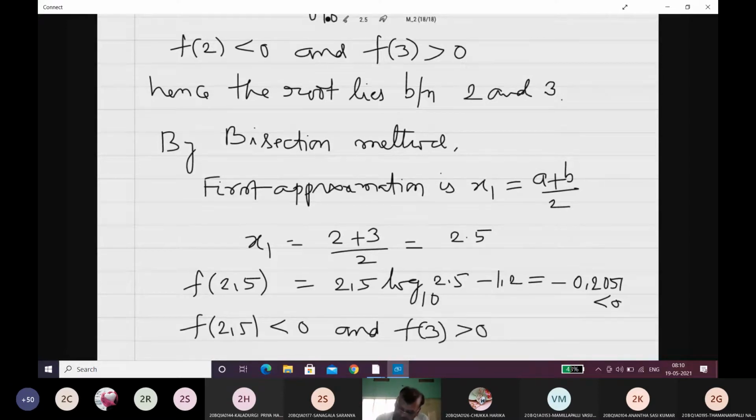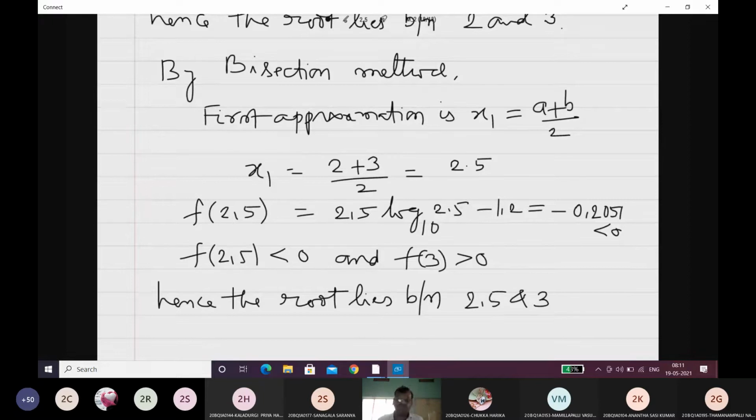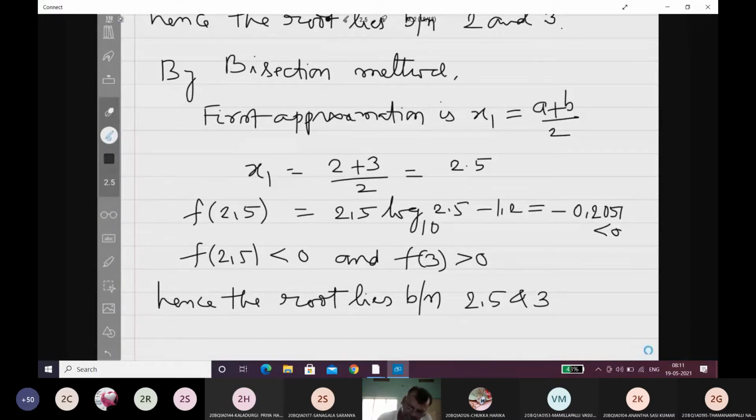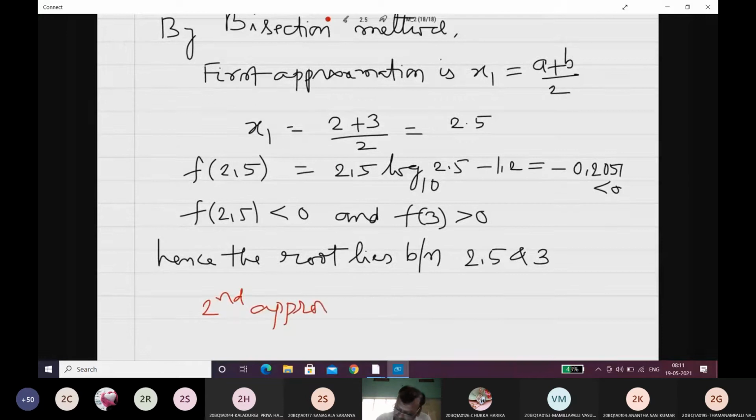Hence, the root lies between 2.5 and 3. Therefore, the second approximation is x2 is equal to 2.5 plus 3 by 2.